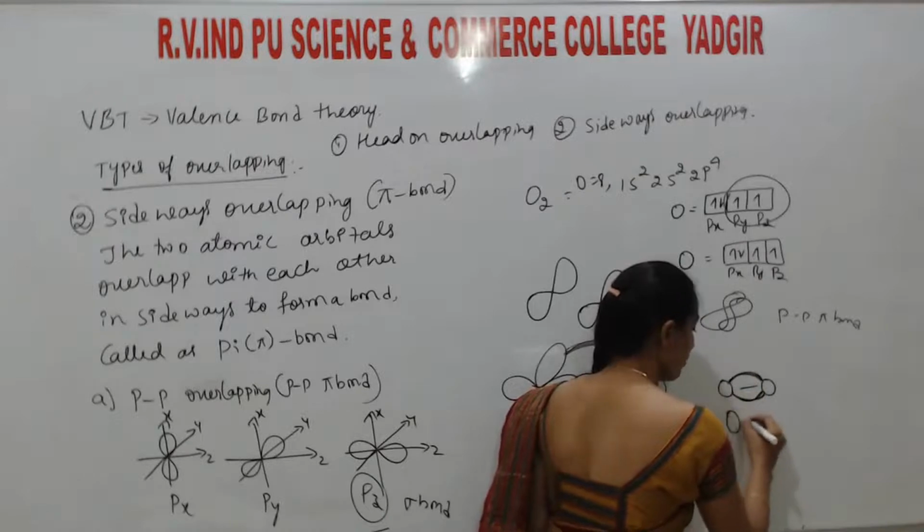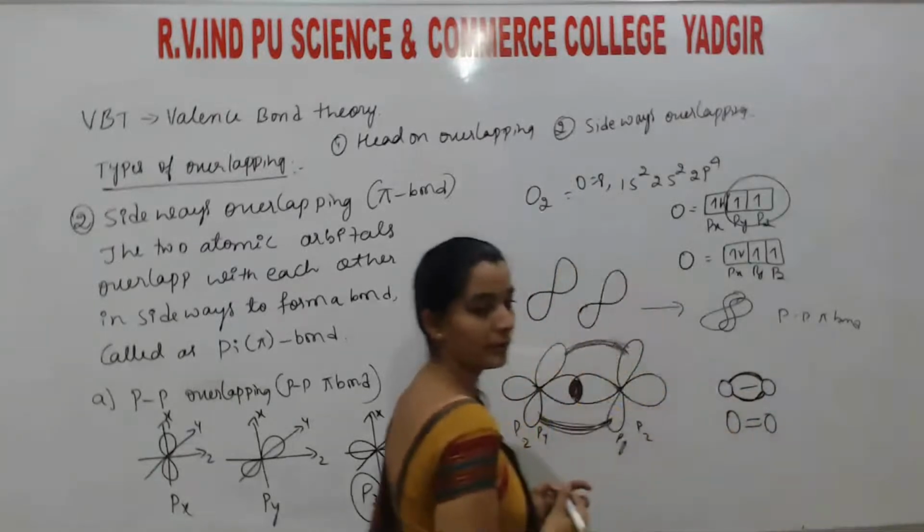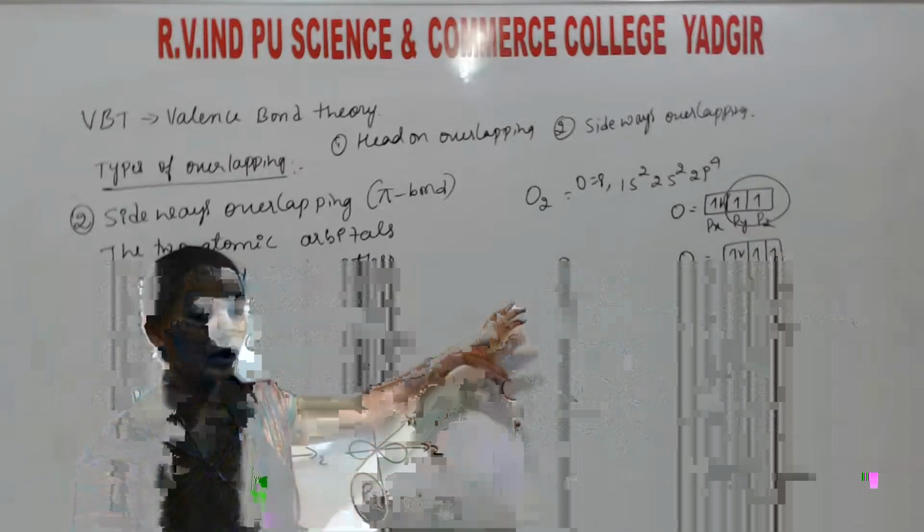These together form a pi bond. This is how the overlapping in the pi bond takes place. One will form a sigma bond, pz, I said already. They undergo axial overlapping, that is the sigma bond. Here they undergo sideways overlapping, means above the plane and below the plane. They together form one bond, that is the pi bond.